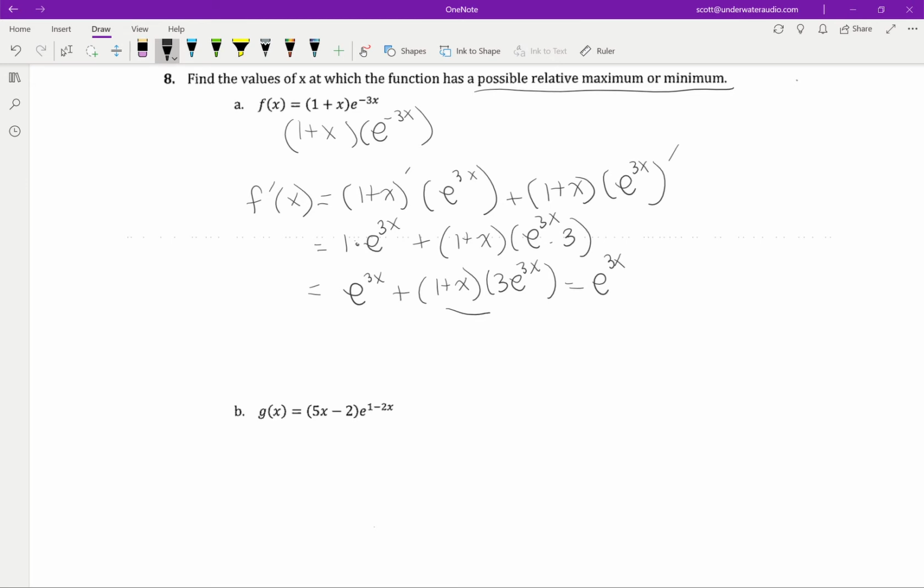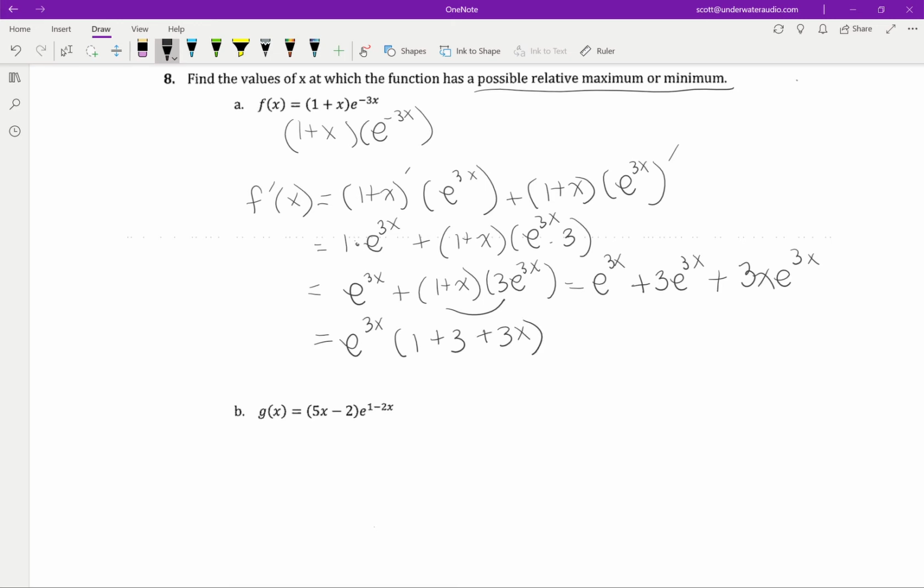Okay, so if I multiply these out, I would get 3e to the 3x, and then plus 3x e to the 3x. So if I factor out e to the 3x, I'm left with something pretty easy. So e to the 3x, and then, let's see, 1 plus 3, right, these two would combine, plus 3x.